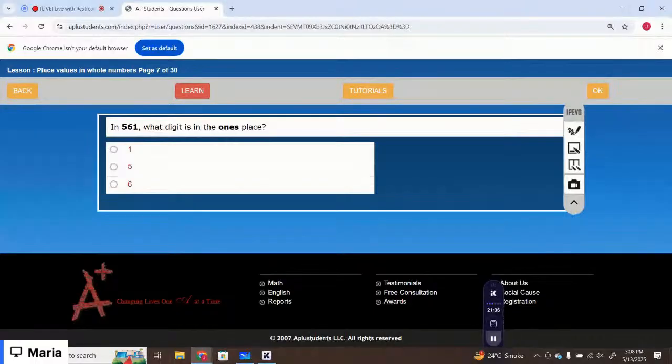In 561, what digit is in the ones place?